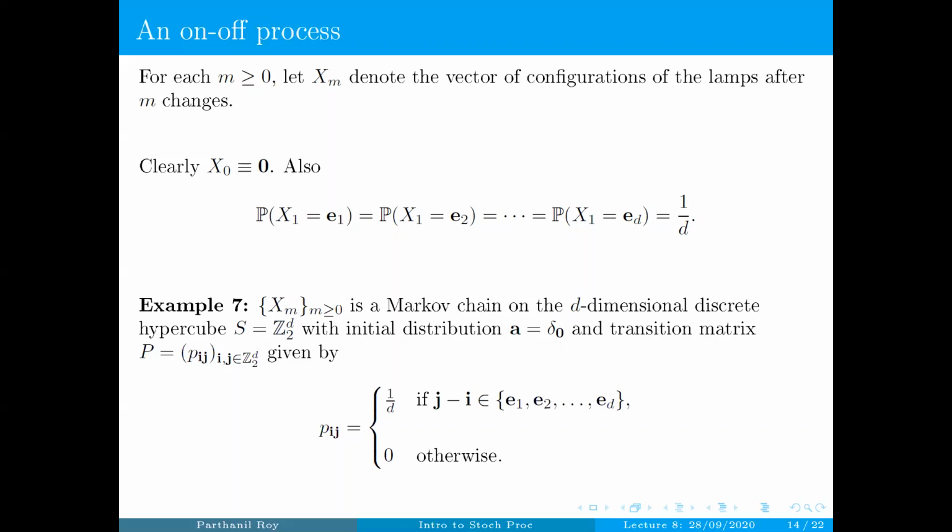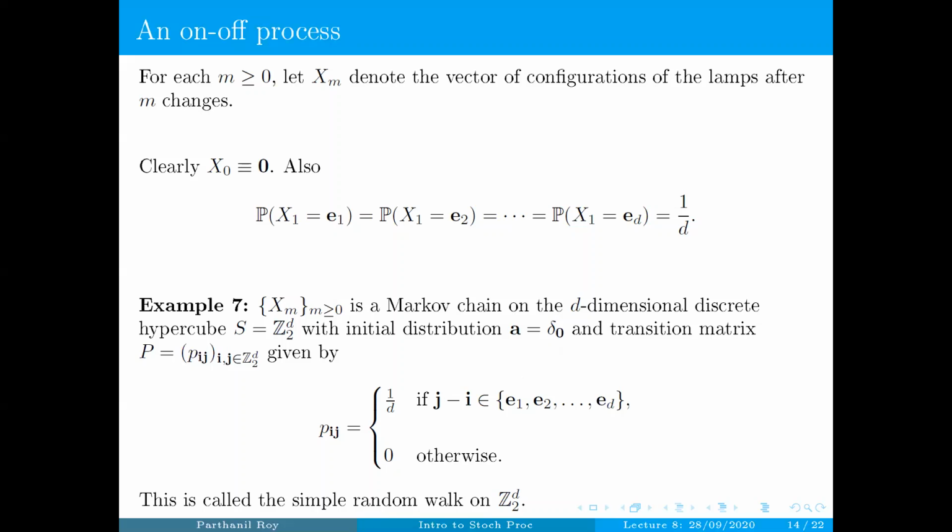Now this Markov chain is called the simple random walk on Z_2 to the power d. And note that Z_2 to the power d is a group. Now, why is it the simple random walk?